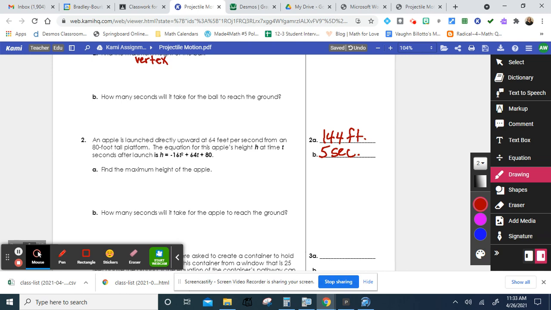We found the vertex in the last outcome. We did x equals negative b over 2a. Remember that? It'll probably be similar to this, where you either multiple choice it or just write it in.